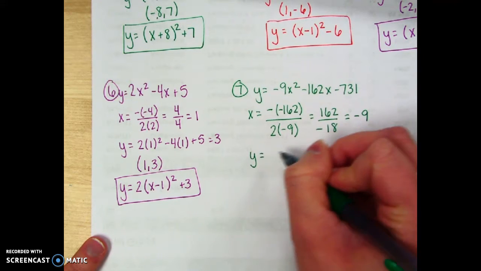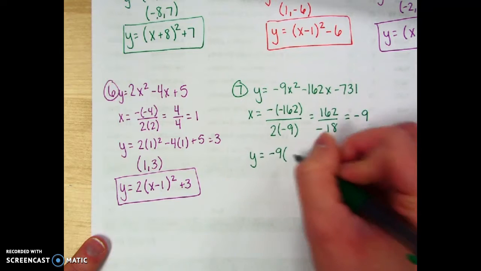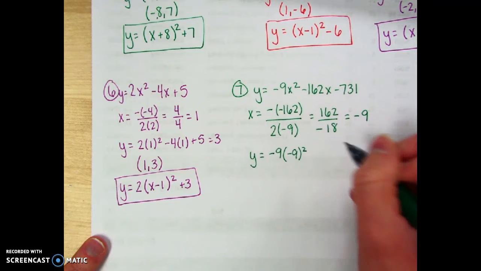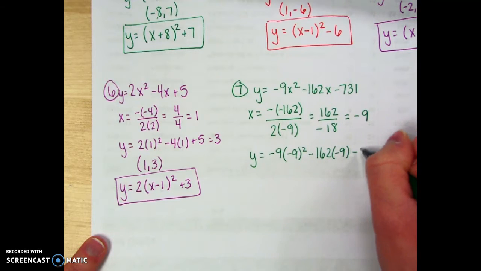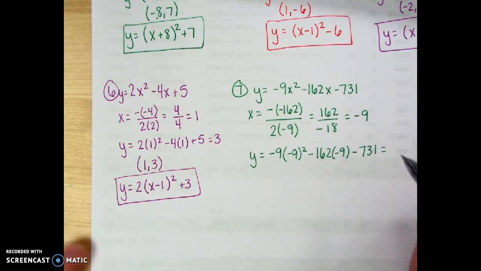So y equals negative 9 squared minus 162 times negative 9 minus 731. I hope this isn't a huge number. So I'm typing it in exactly like that, exactly how I wrote it.